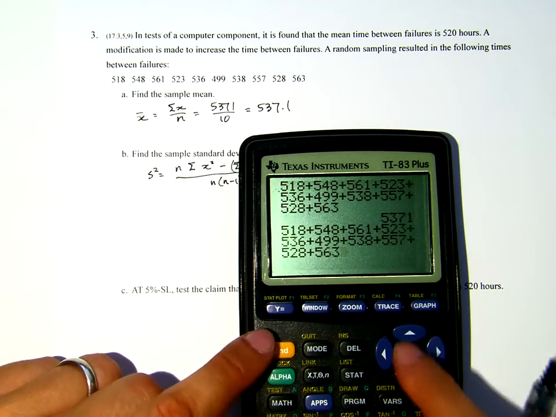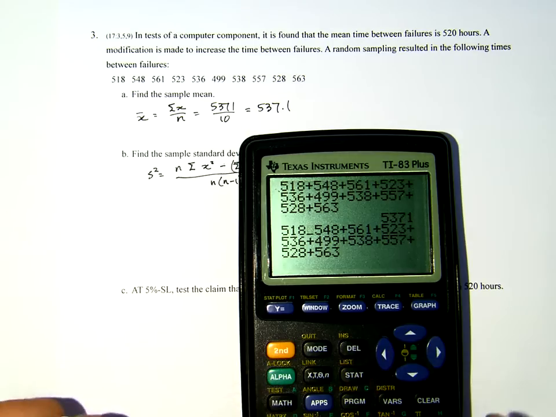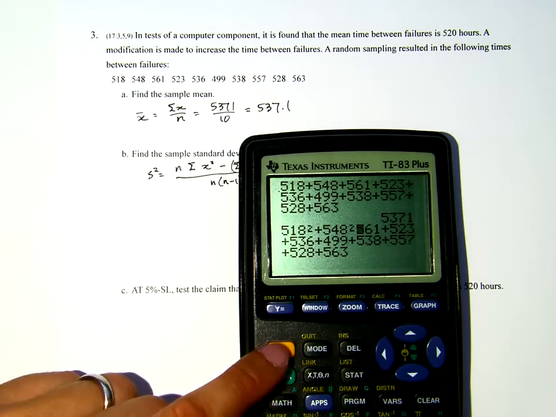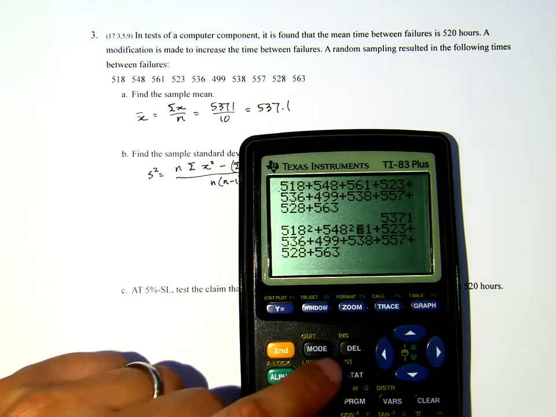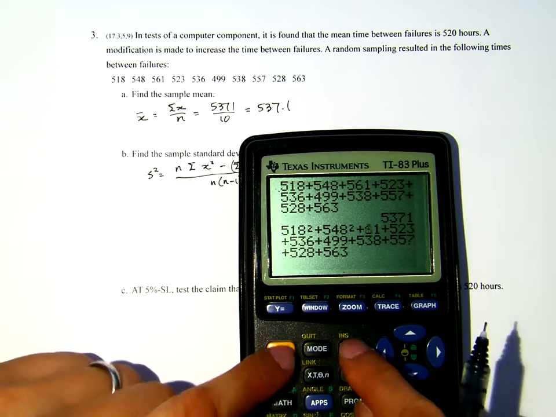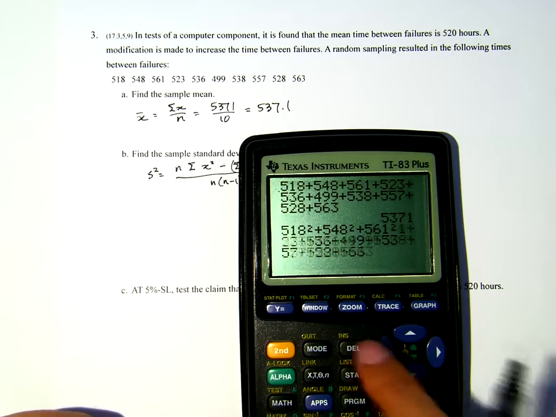Okay, let me do the n3 and then I do the insert here. Insert squared. Insert squared. Oops. Insert plus insert squared. Delete that one.